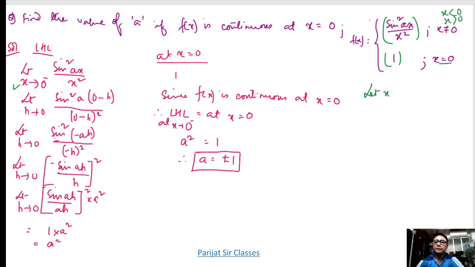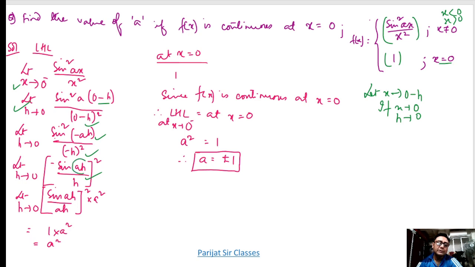As you can see friends, here we'll put x tends to 0 minus h. So if x tends to 0, h tends to 0. In place of x I am putting 0 minus h, and this comes out to be this.